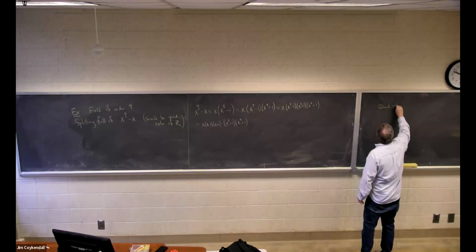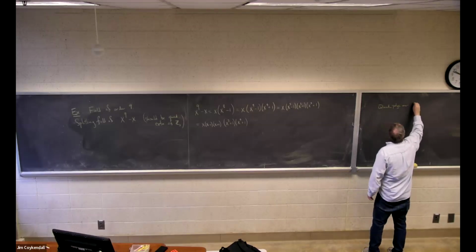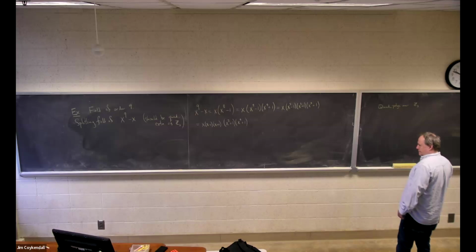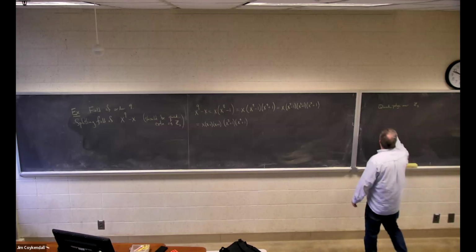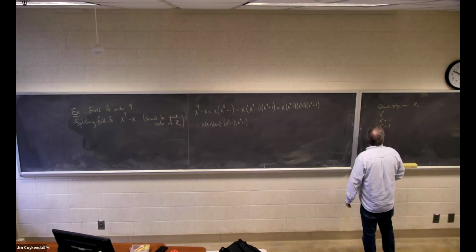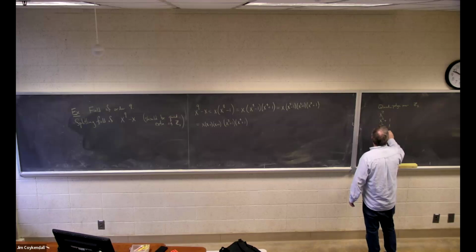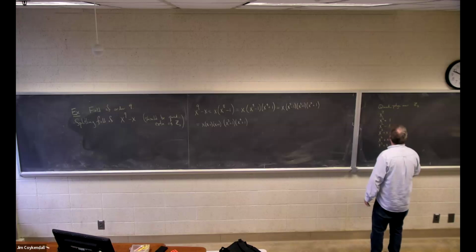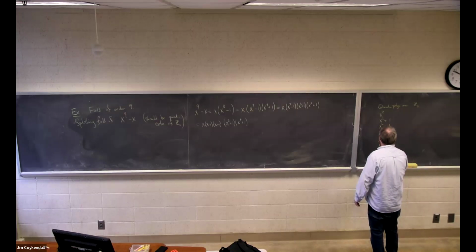So these are the quadratic polynomials over Z3: x squared plus 1, x squared minus 1, x squared plus x, x squared plus x plus 1, x squared plus x minus 1, x squared minus x, x squared minus x minus 1, x squared minus x plus 1.